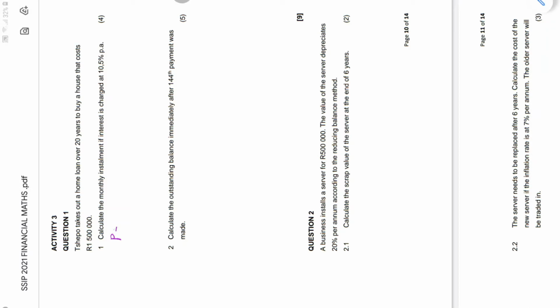So P equals x [1 minus (1 plus i) to the power negative n] over i.